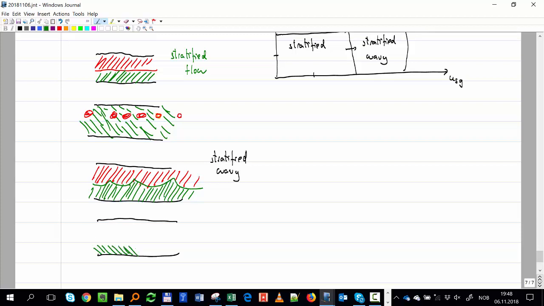Now you will have slightly more liquid down, not so much liquid up. And you have a core of gas that has some liquid inside, and that's annular flow.